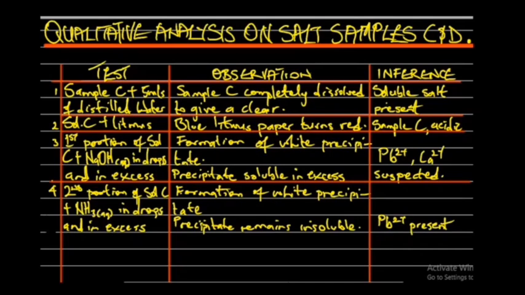We couldn't stop there; we still had to carry out more tests. If you have lead present, let's carry out a confirmatory test. So we decided to carry out this test as well, which is reacting it with dilute HCl.